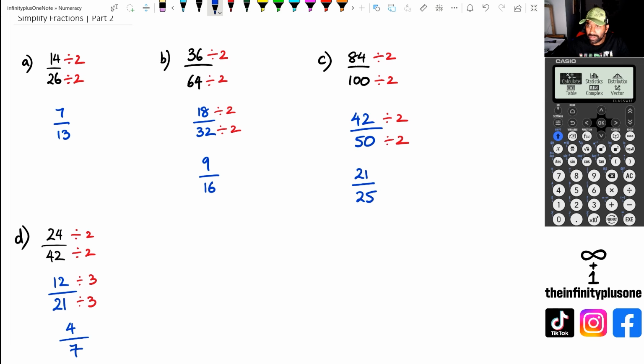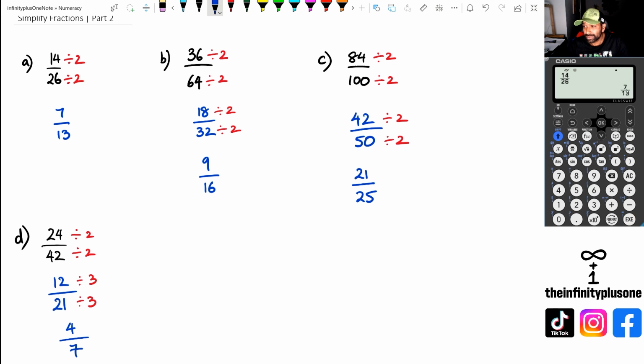Now, one last thing, folks, is that if you have a graphics calculator or normal calculator, some of these calculators can do this for you. So I'm just going to go into this menu here, and I'm going to type in this fraction. So I'm going to go 14 over 26. And what the calculator automatically does is simplify it for you.